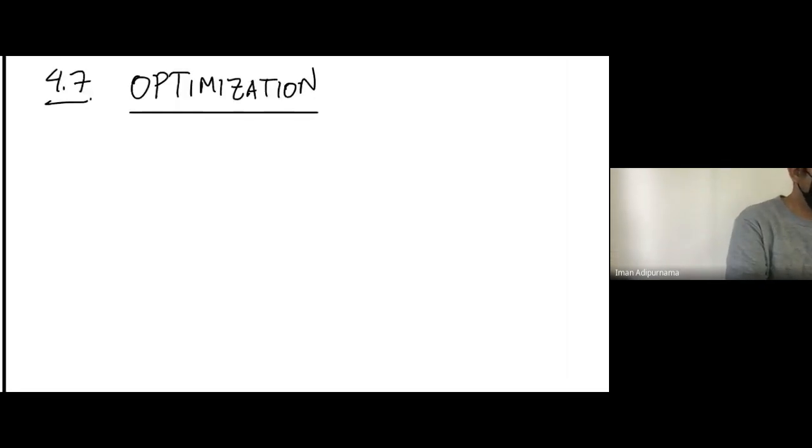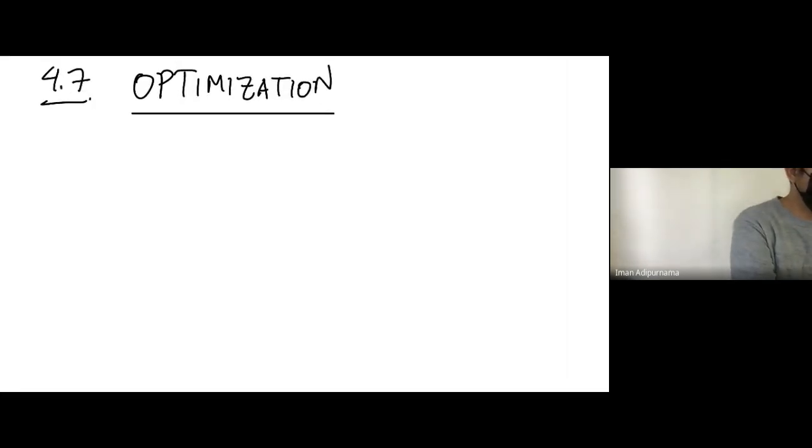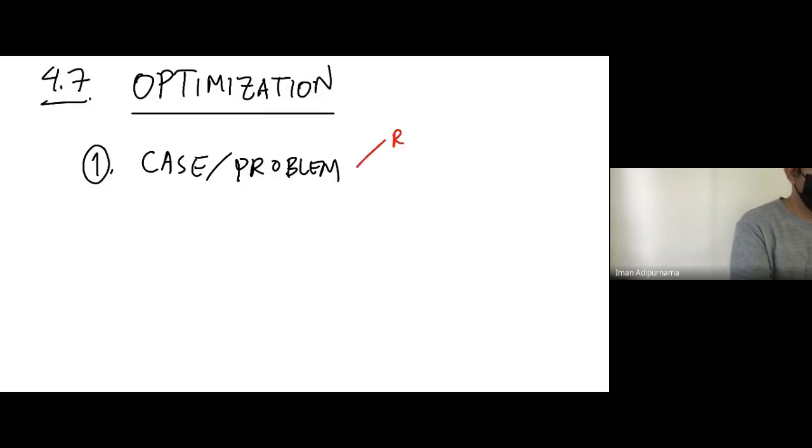Some notes. During this optimization, first you will have a situation, a problem or condition. You have a case, or a problem, that is related to critical point.